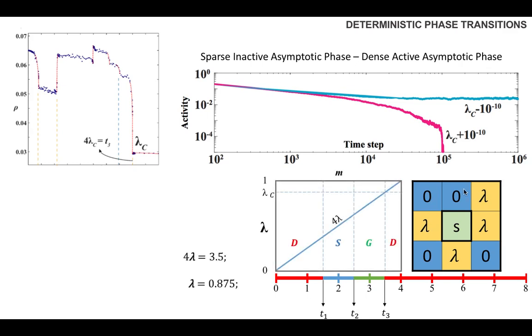So basically, if you have such a system for lambda around it, let's look at this plot: lambda versus 4 lambda. When 4 lambda equals T3, you can see that the operation regime goes from growth to decay, or from decay to growth, depending on whether you are increasing or decreasing lambda.